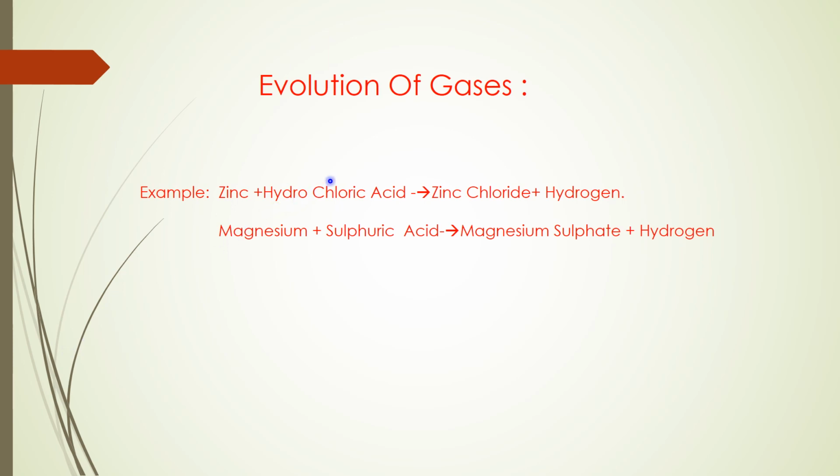Let us discuss another important characteristic of a chemical reaction, which is evolution of gases. We will do an activity to prove gases are evolved in a chemical reaction. To prove that one, what are the materials we need?